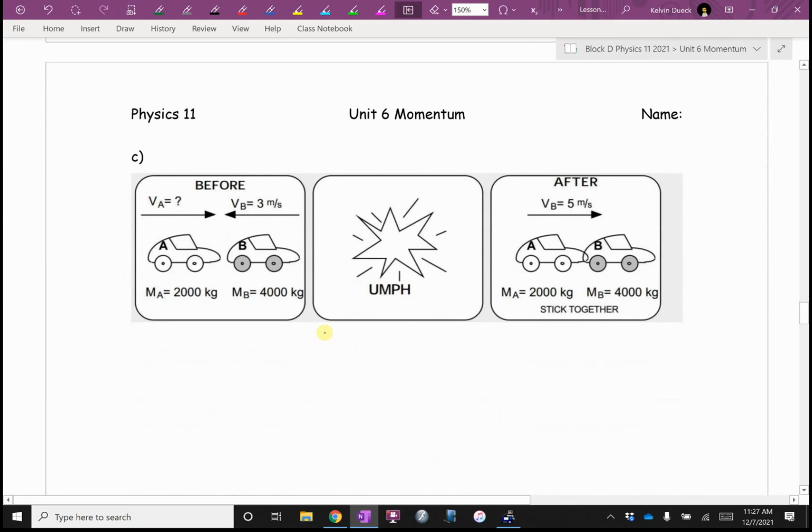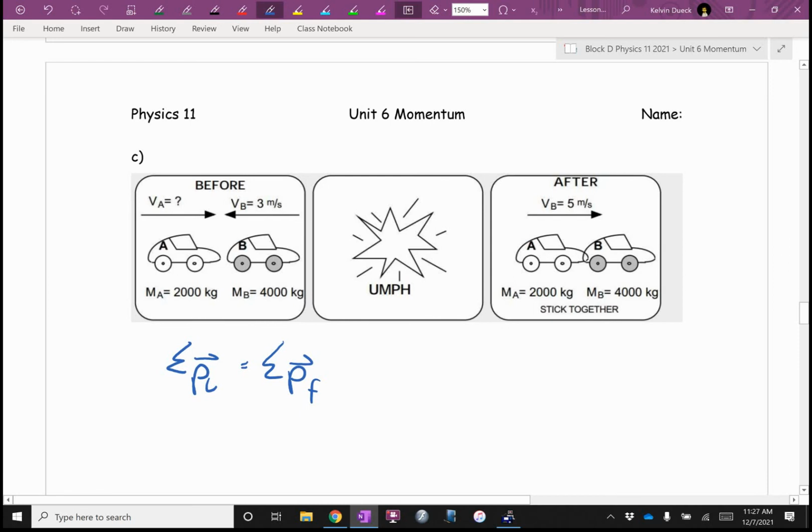Let's do one where they stick together. I think in the after, they're stuck together. Look at the picture. Okay? So, is there a collision? This is a job for conservation of momentum. I'm going to start out by saying the sum of all the momentum we start with has to equal the sum of all the momentum we finish with.